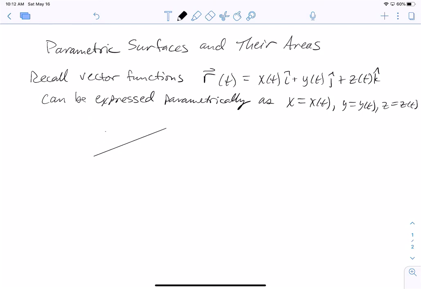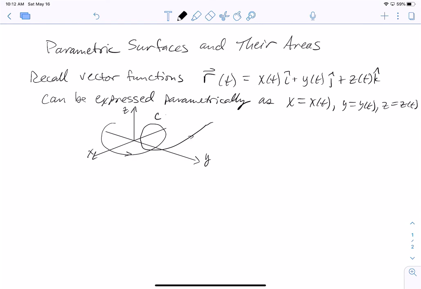With t being a one-dimensional input, the output is actually a one-dimensional curve. That is, it occupies three-dimensional space, but the curve itself is only one dimension. That is, it's like a bent line.